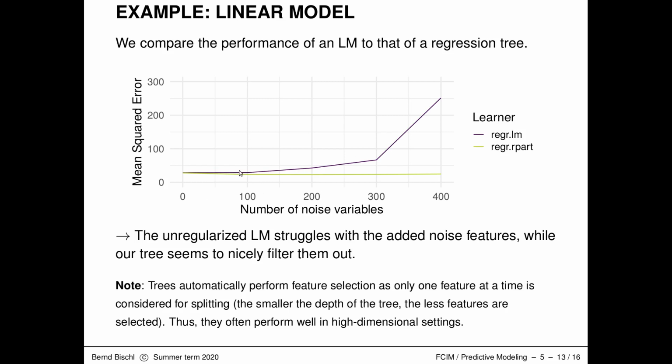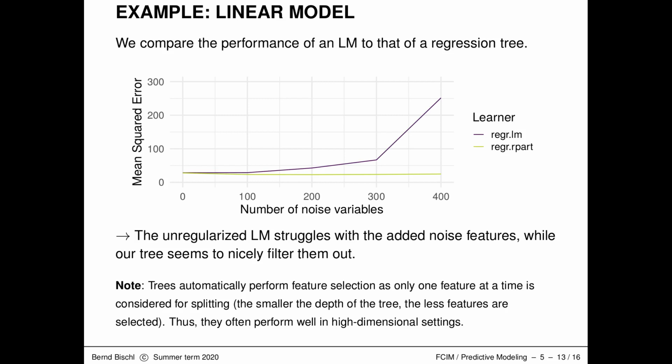after adding these noise variables into the data set. So if I'm using this unregularized simple linear model, this begins to struggle quite easily with the added noise features and with the higher dimensionality of the underlying data set.